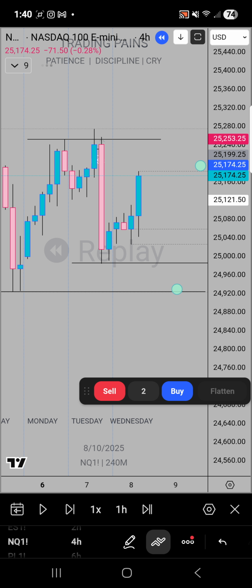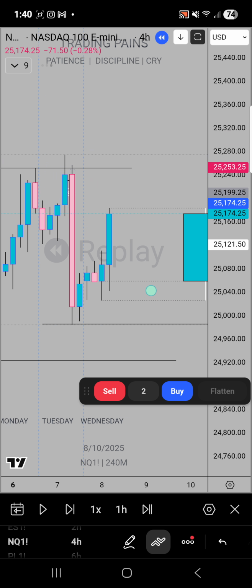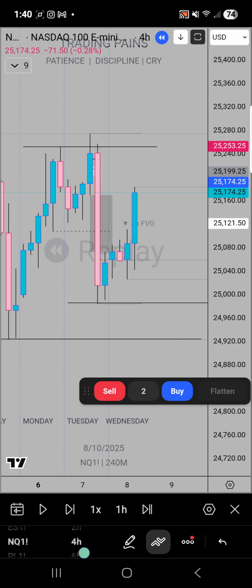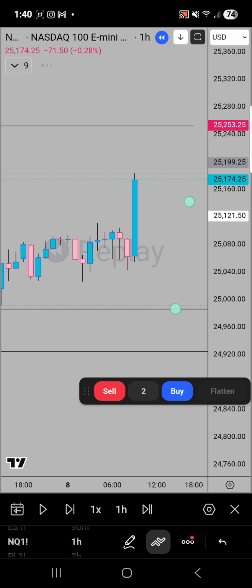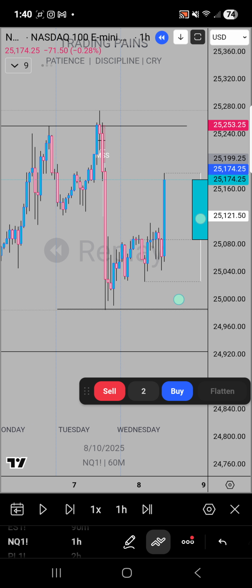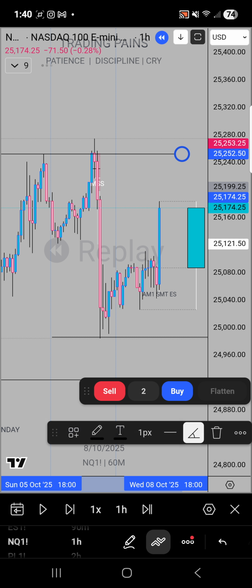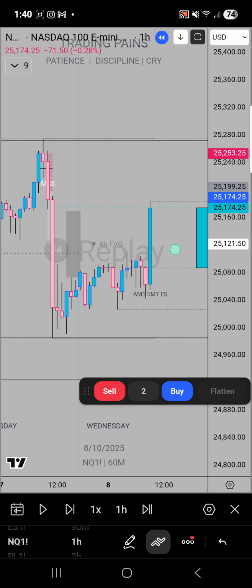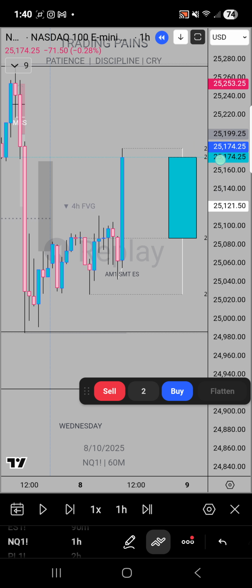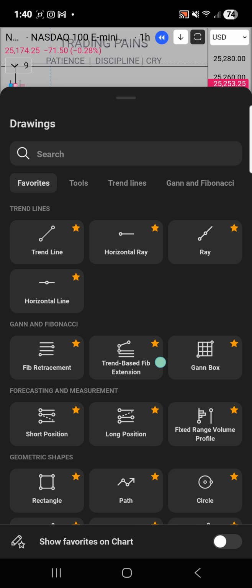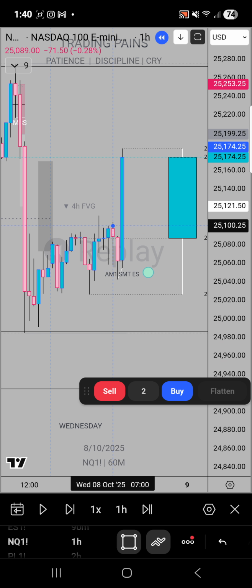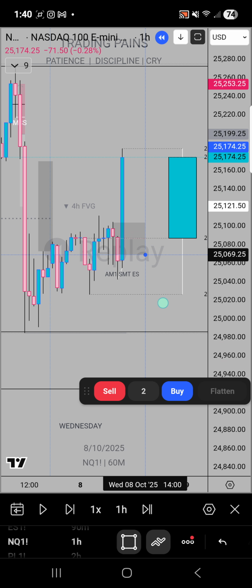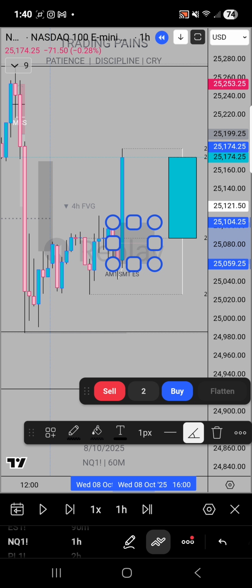There's the 4 hour. One hour. Very bullish. Right there. So now I'd like to see it respect back down to the 15-minute or even the 1 hour breaker block or order block. I think this is called an order block.